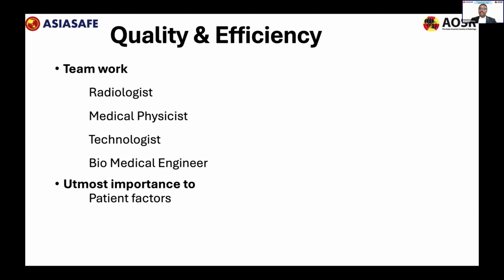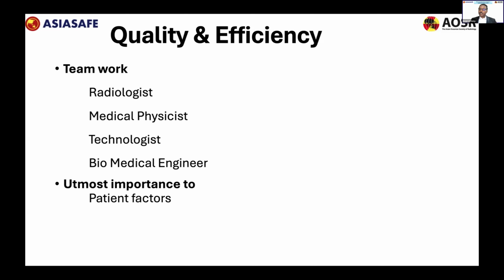And finally, quality and efficiency. How do we achieve this? As in medicine throughout, this is always teamwork. The team consists of radiologists, medical physicist, technologist, and a biomedical engineer. All these four players are key members of this team.